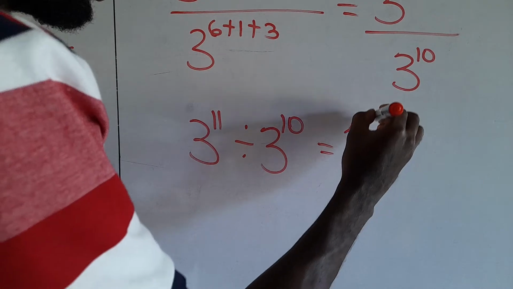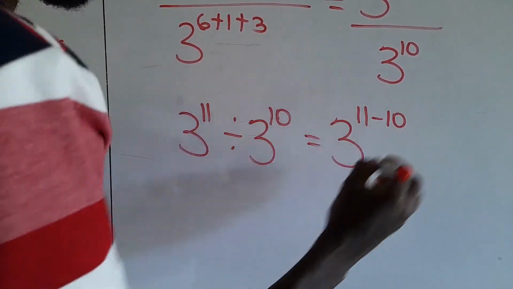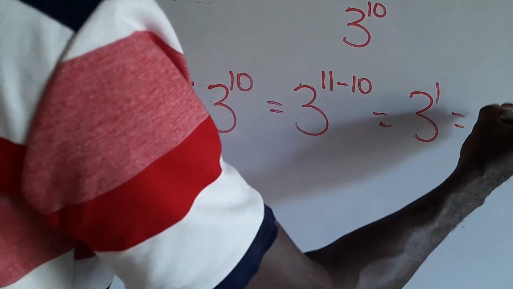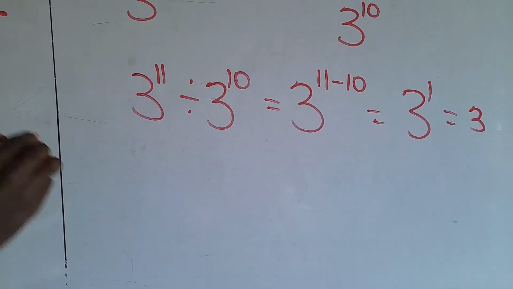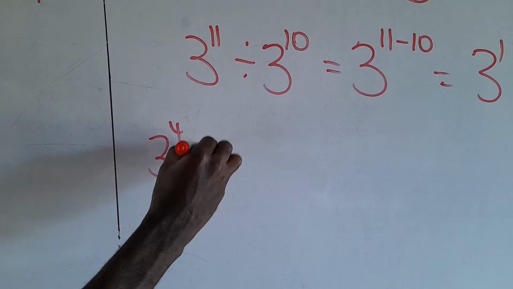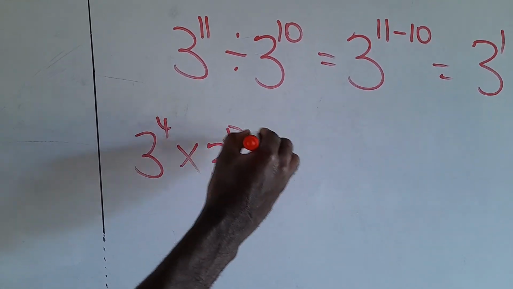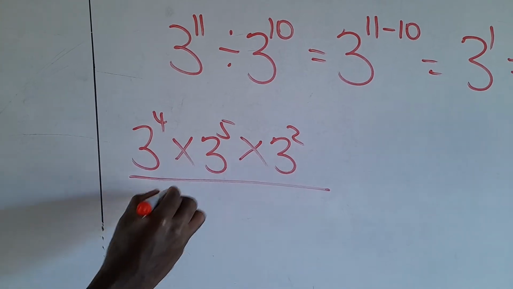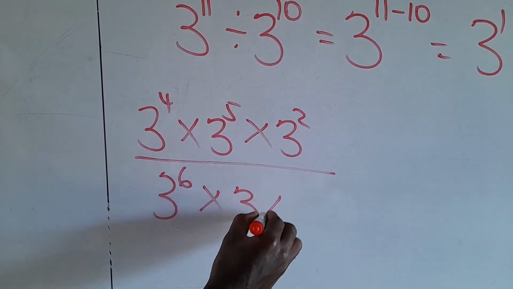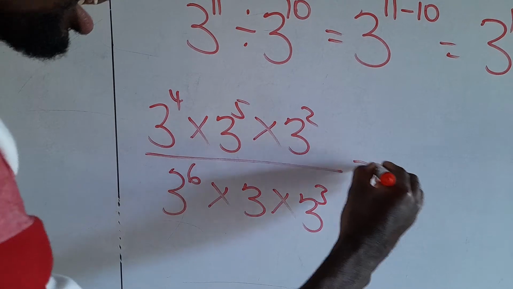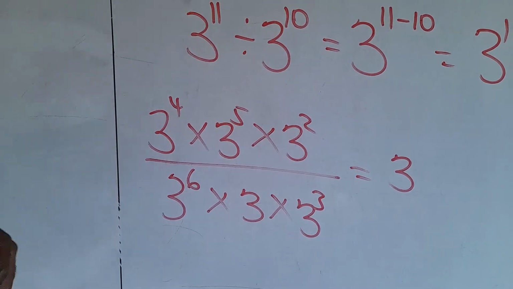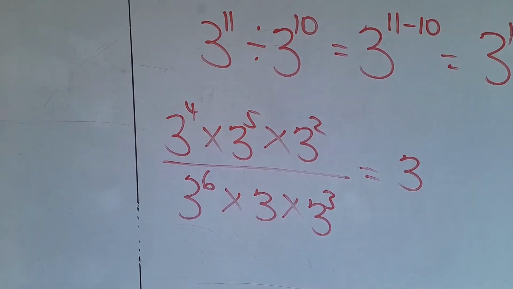So that will be 3 exponent 11 minus 10. So this will be 3 exponent 1, equal to 3. So we can say the whole expression is equal to 3. I hope you get that. We'll solve another one so that you get the concept.